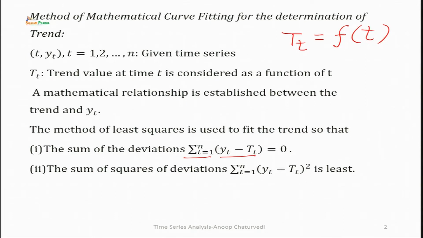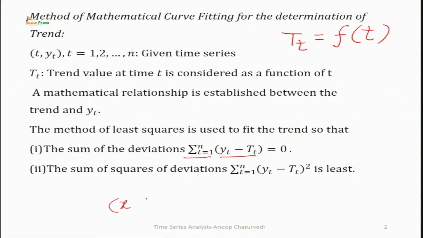So, sometimes your observations are above the trend, sometimes your observations are below the trend, but overall sum of y t minus T t is 0. And the second condition is the sum of squares of deviations, means summation of y t minus T t whole square, is least. So, this is precisely the same method of least squares which we have discussed in our lecture 2.